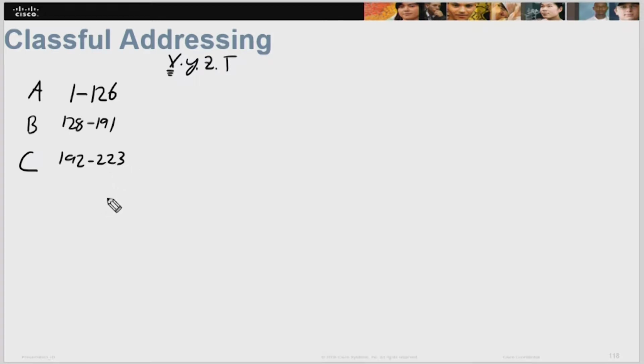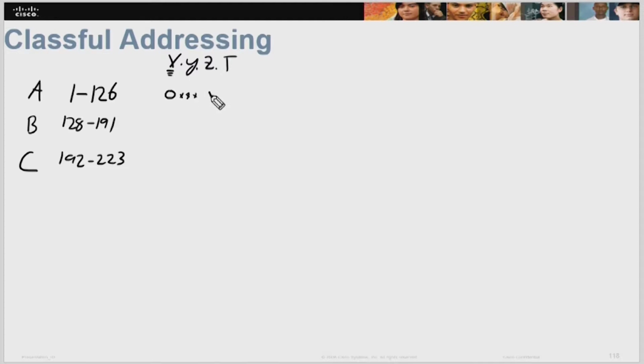it's a Class C. Now, you look at those numbers, they don't look like they have much of a pattern, do they? It's like, where did this come from? What were they doing, rolling dice on a table someplace to come up with these values? And it turns out they actually did have a specific meaning for it. So when we convert this first octet, whatever the decimal value is, to binary, if the very first bit is a 0, that's actually what defines that Class A. I don't care about the rest of the bits.